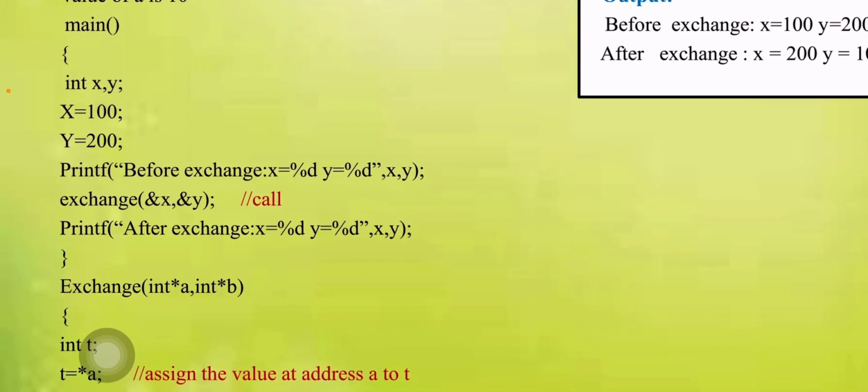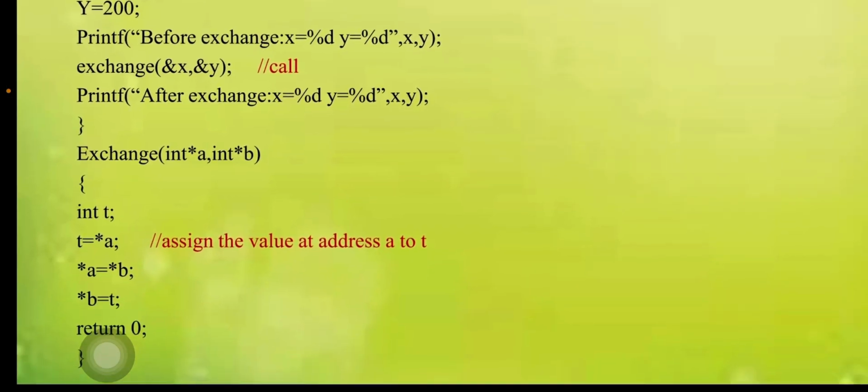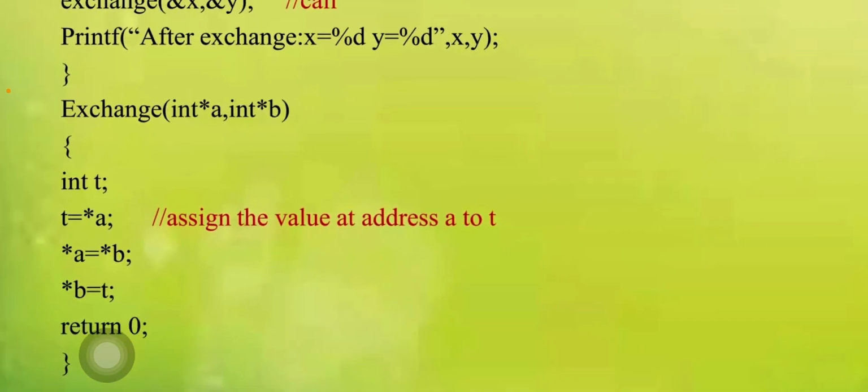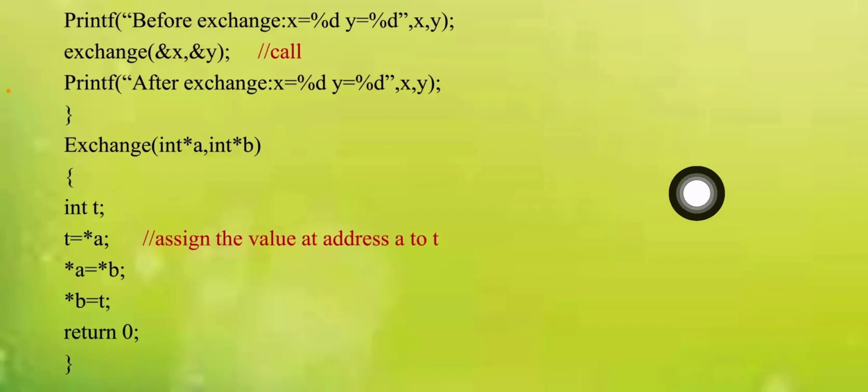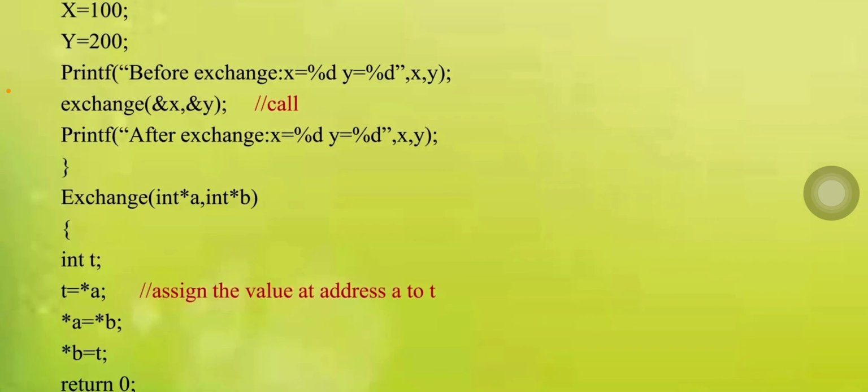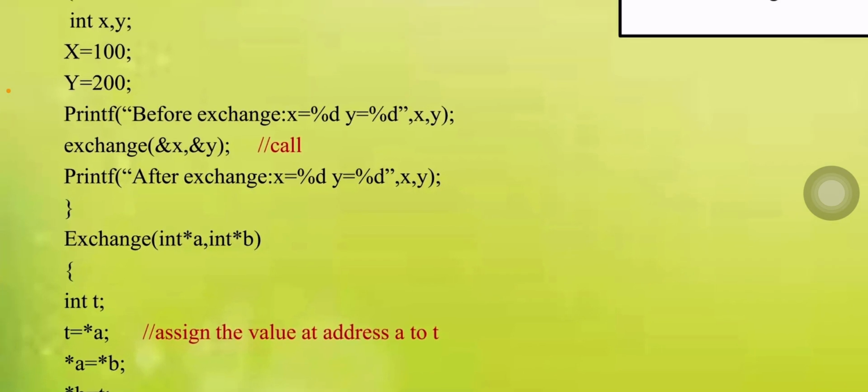After this exchange statement, the control will jump to the definition of exchange function, and you can see in this statement it is written int star a, int star b. That means these are pointer variables and these can hold the address of another variable, and addresses we are passing in the exchange function call.